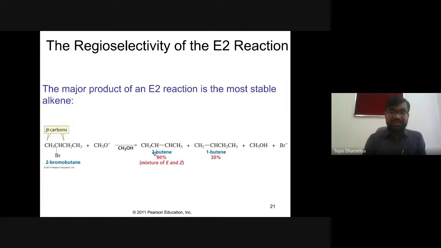So the concentration of this product is 4 times that of 1-butene. Why is this concentration behavior there?